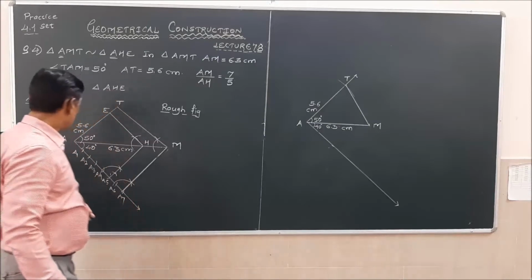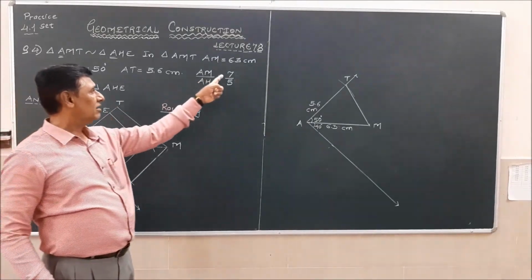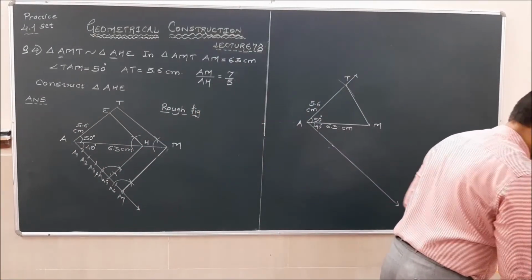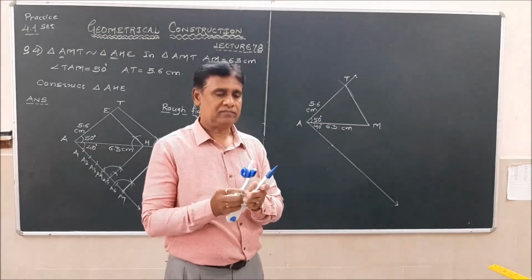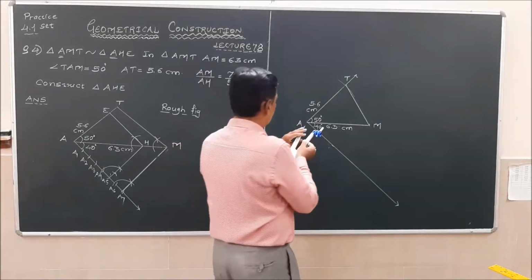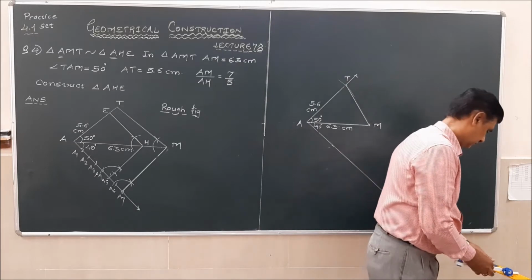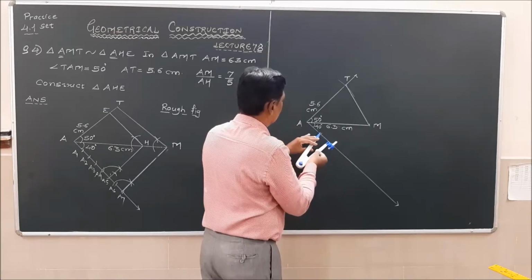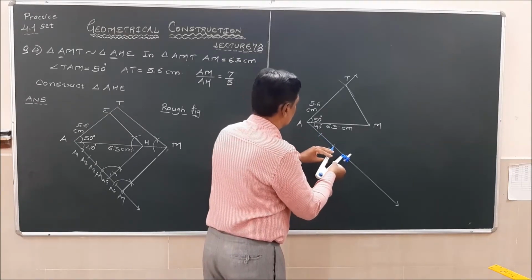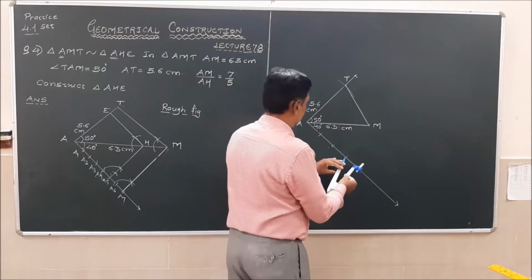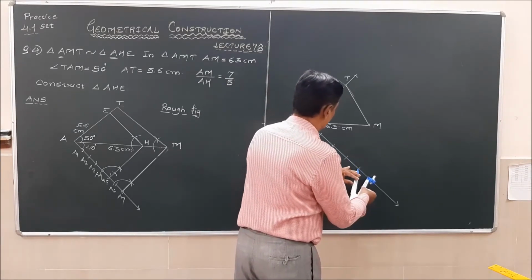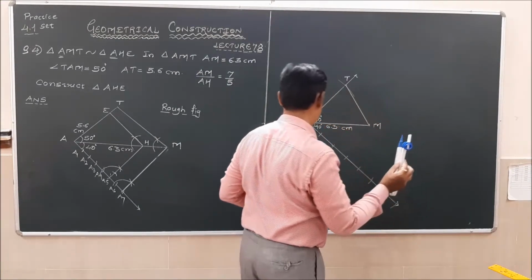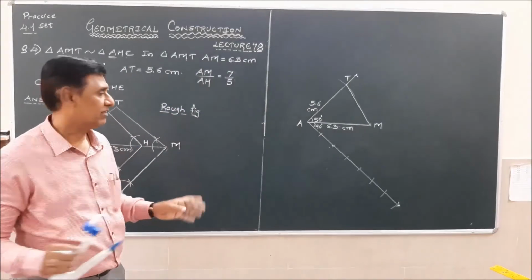Then I am going to make how many parts? 7. Why make 7? Because 7 is the larger number. Approximately take a distance of 2 centimeters, 7 parts: 1, 2, 3, 4, 5, 6 and 7. 7 equal parts.